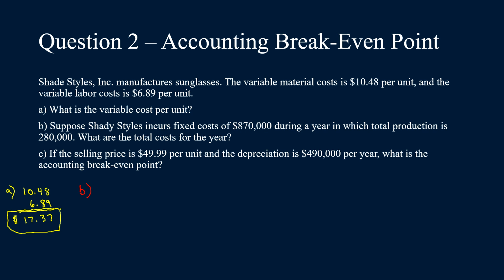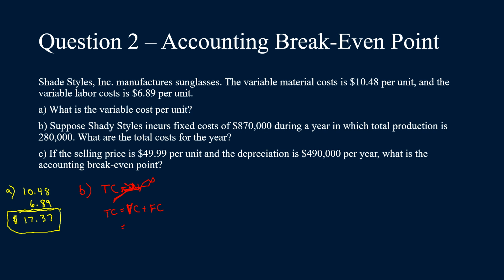All right, part B, we're going to be using that total cost formula. So that's total cost equals, and my ink pen just went crazy. Let's try this again. Total cost equals the variable cost plus fixed cost.